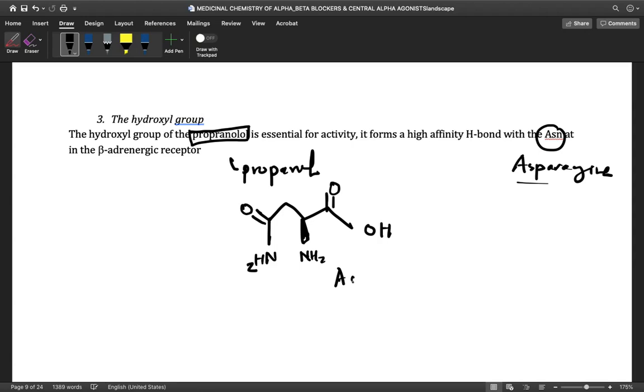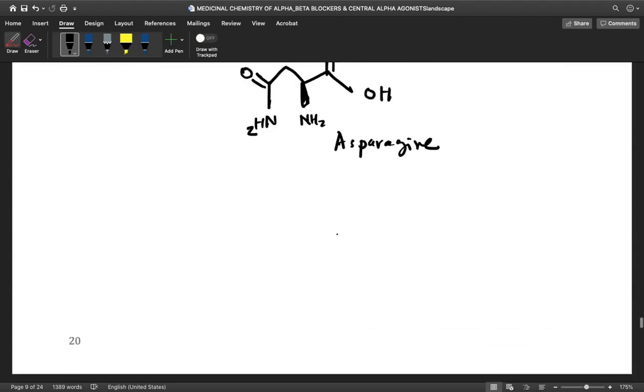That's asparagine. That's the amino acid inside of the binding pocket that actually interacts with the hydroxyl group of propranolol. Okay, so it's very important for you to know these amino acids and to be able to recognize them on an exam.